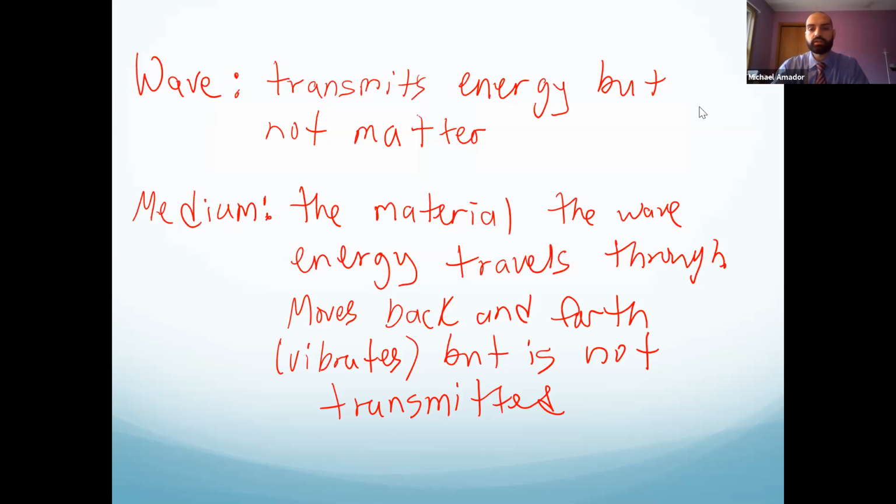So if you think about sound, the air is the medium that sound travels through. If you think about ocean waves, the water is the medium that wave is traveling through. But that material moves back and forth, it vibrates, but it does not get transmitted from one location to the other. It comes back to its position. And we're going to watch a cool video of that happening with Slinkies today.